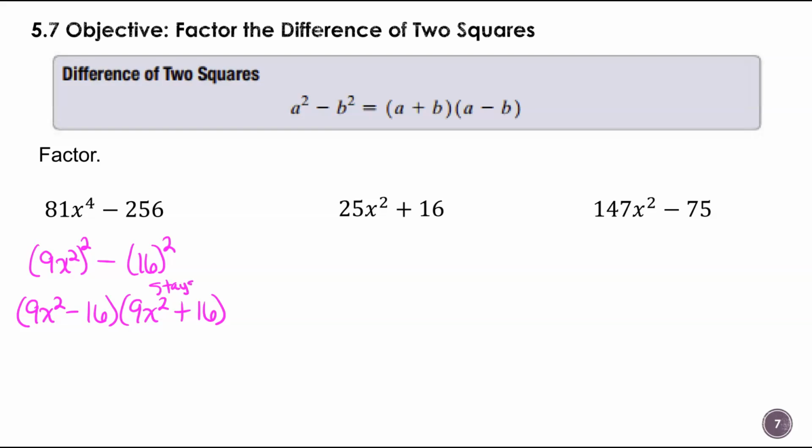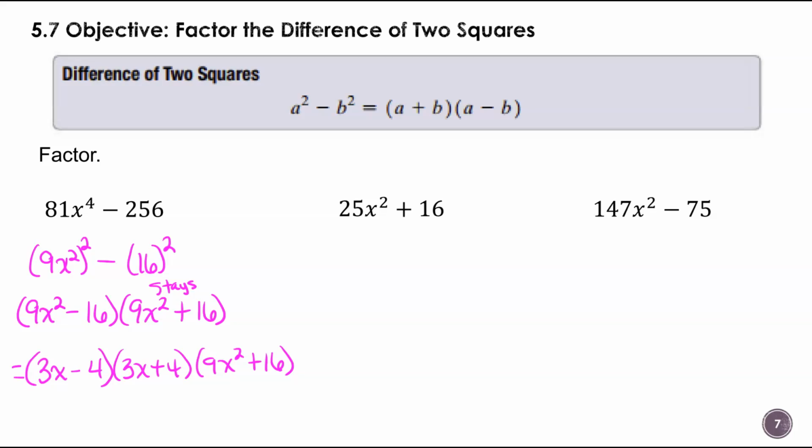We can't factor it, but we can factor 9x squared minus 16 as 3x minus 4 times 3x plus 4, and then times 9x squared plus 16 because that part has to stay. This happens sometimes because the square root of 81 is another perfect square. And the square root of 256 is also a perfect square, so that's why that happens.